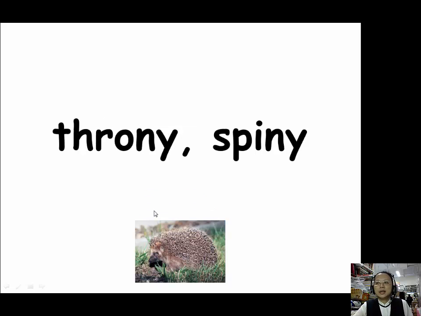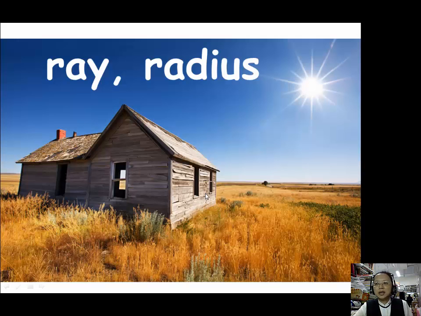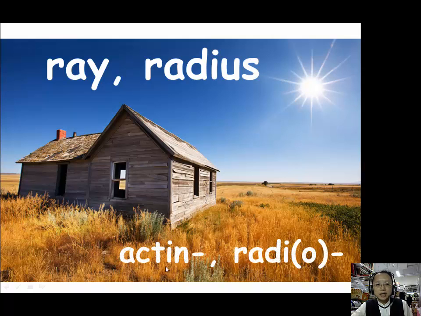For things that have spiny shapes, we use the prefix acanth, A-C-A-N-T-H. For things that are ray shapes or shooting things out in all directions, we use the prefix actin, A-C-T-I-N, or radio, R-A-D-I-O.